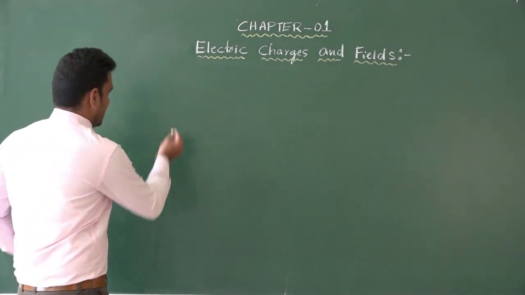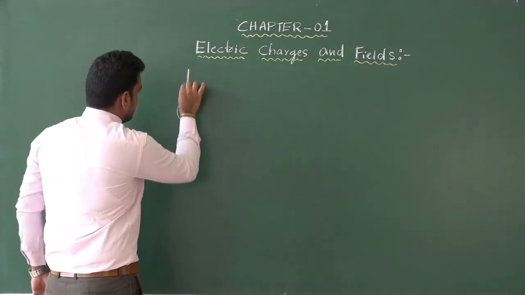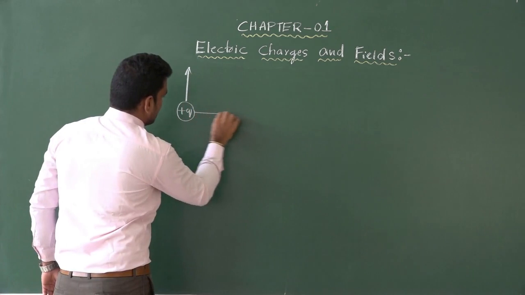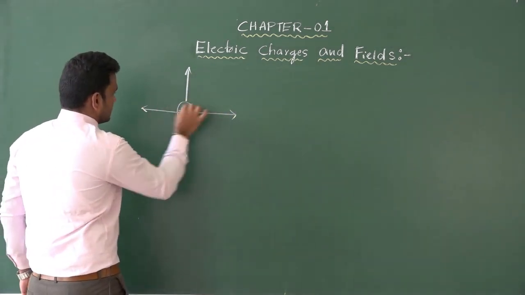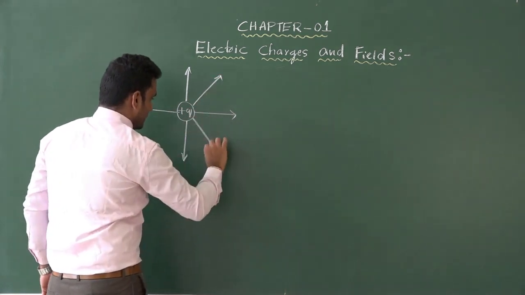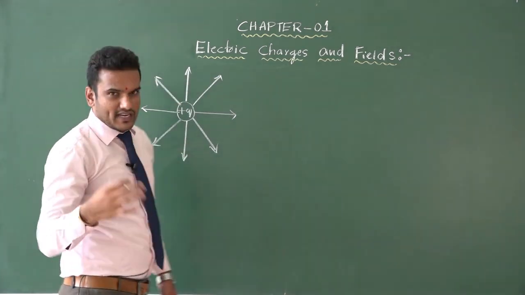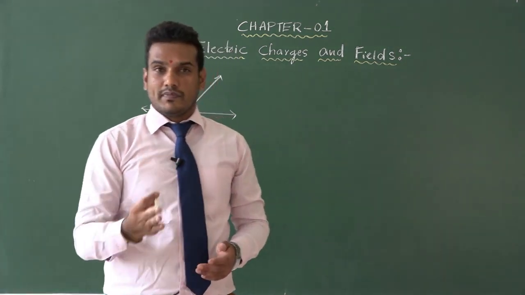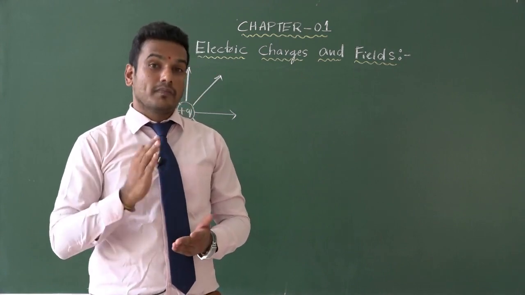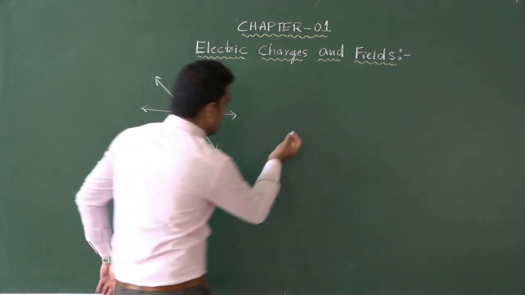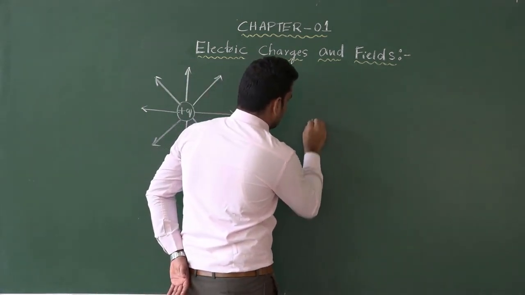Look at the nature of the electric field. Here the electric field is due to an isolated charge. Then the electric lines of force are straight. Similarly, electric lines of force are curved when they represent electric field due to two or more charges placed nearby. Look at the nature of electric lines of force now.